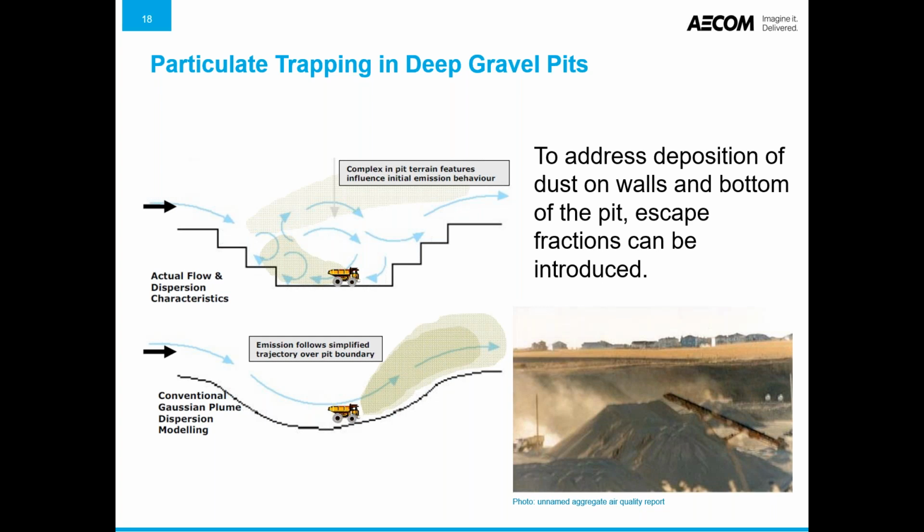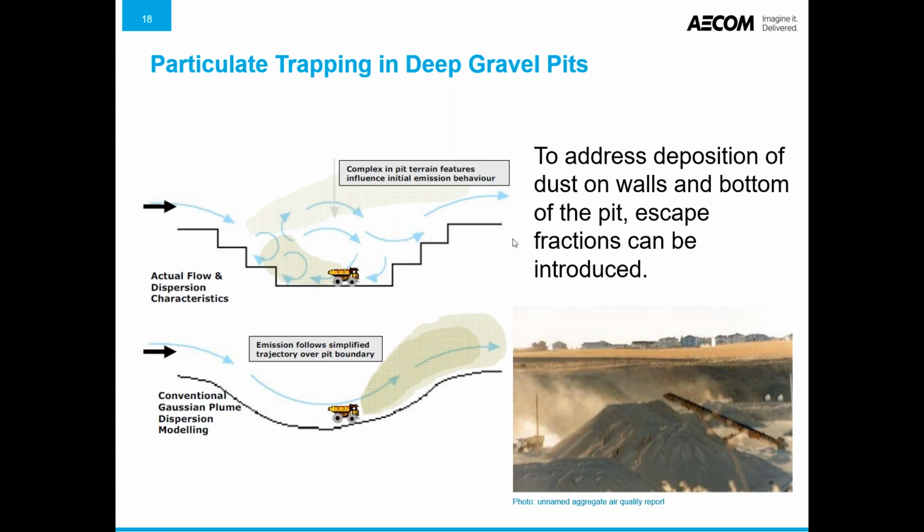A couple more things here on ways of becoming more accurate. We've mentioned the vegetation impact. Another is trapping of larger dust particles within the pit boundary itself. Many of the pits that we work with, especially in the south where the deposits tend to be larger and deeper, have significant trapping, as this picture shows, of the larger dust particles within the boundary of the pit.